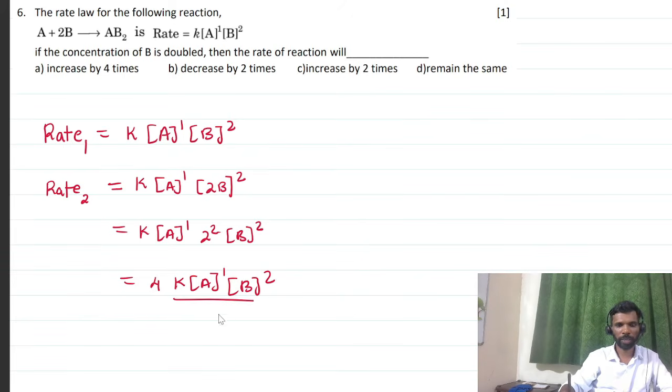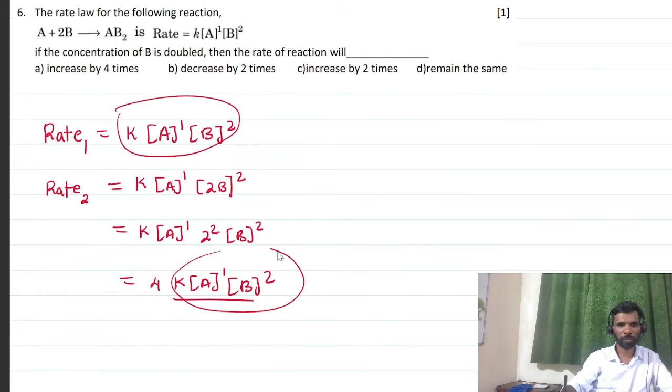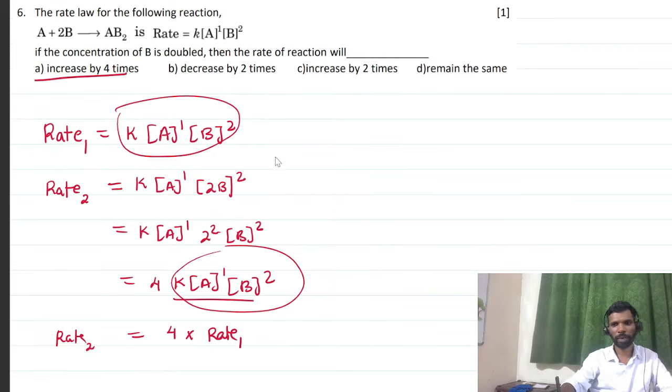So what is this K A1 B raised to 2? This is rate 1, if you see this and this equation. Therefore rate 2 is 4 times rate 1. So what is the answer? Increases by 4 times.